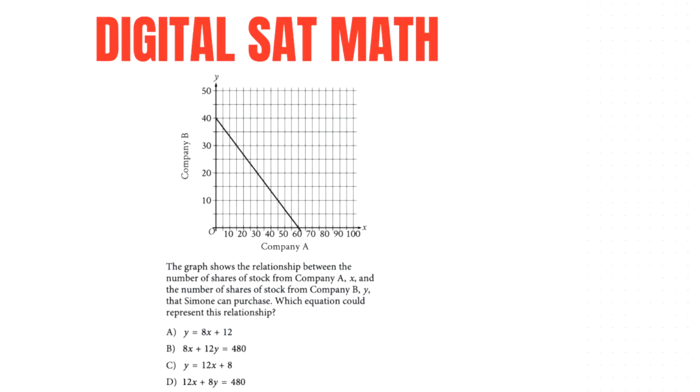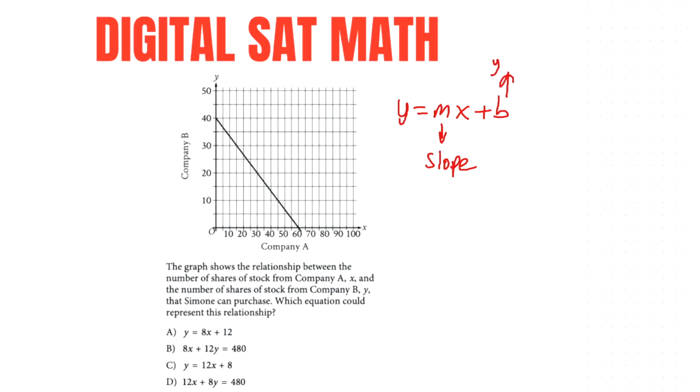When you isolate the y, the number in front of the x tells us the slope. So in y = mx + b, the number in front of the x, the coefficient, is the slope, and the b is the y-intercept.